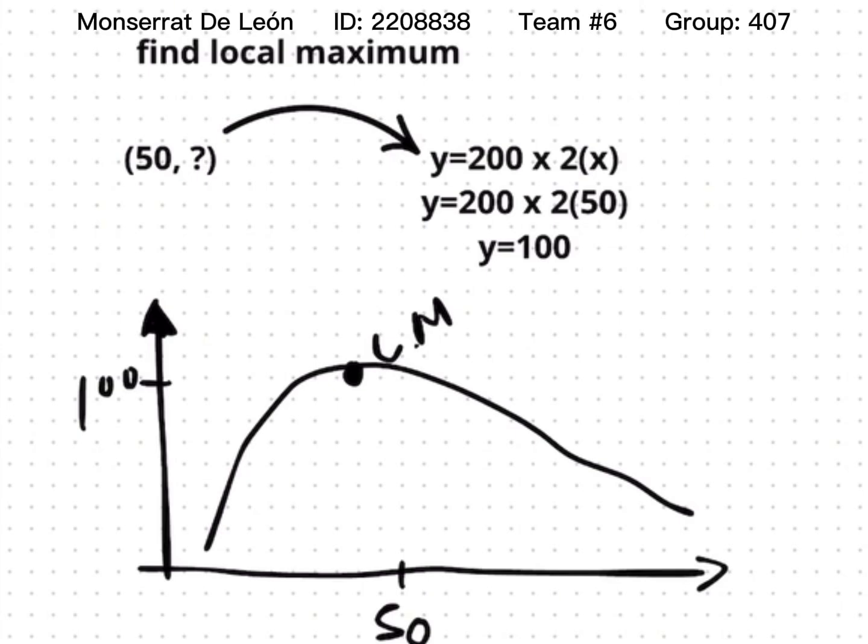Now that we have this procedure ready, we just graph the local maximum point like we show here. There is 50 and 100, and they both connect in the sketch.